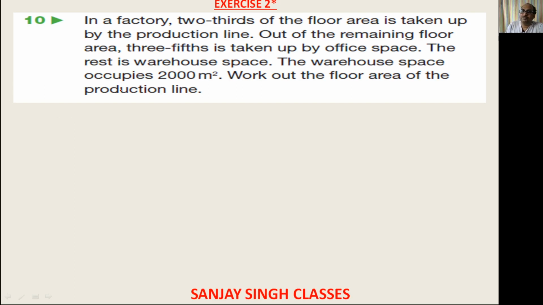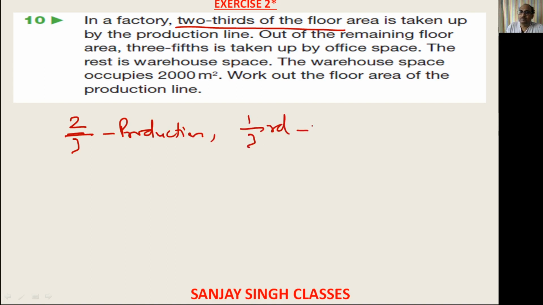Here it is given in a factory, 2/3 of the floor area is taken up by the production line. So 2 by 3rd is taken for production, which means 1 by 3rd is remaining.